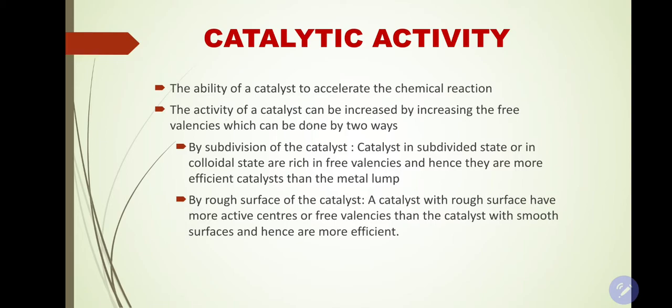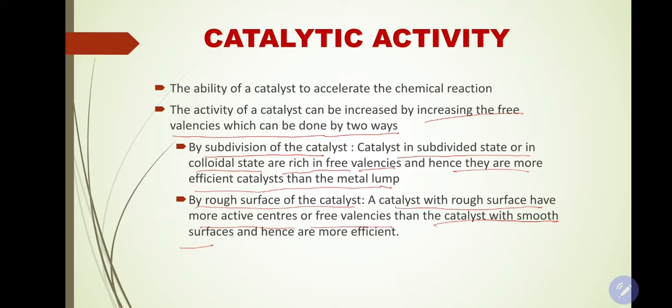The activity of a catalyst can be increased by increasing the free valencies, which can be done in two ways. First, by subdivision of the catalyst: a catalyst in a subdivided or colloidal state is rich in free valencies and hence more effective than the metal. Second, by a rough surface: a catalyst with a rough surface has more active centers or free valencies than a catalyst with a smooth surface.